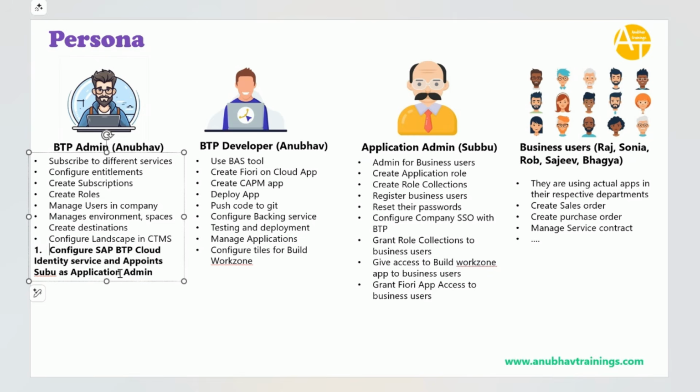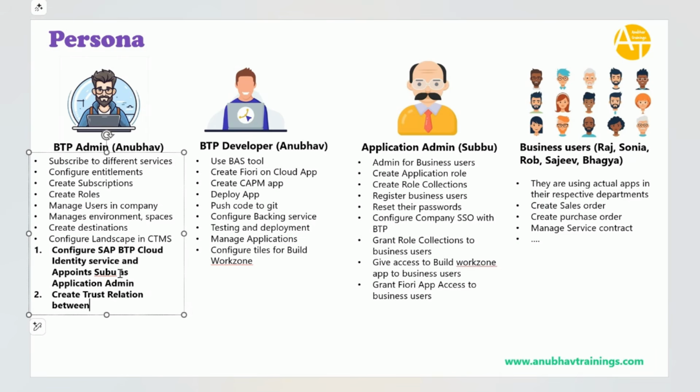He has to also just do one last task. He has to register, or he has to create a trust relation between cloud identity service and BTP subaccount. Very important. Yes. So I'm writing here the activities, who does what.